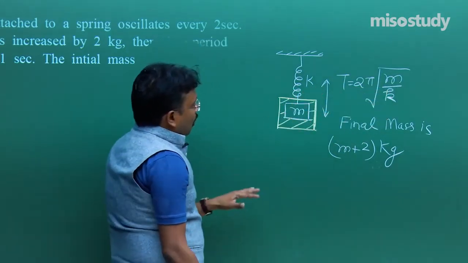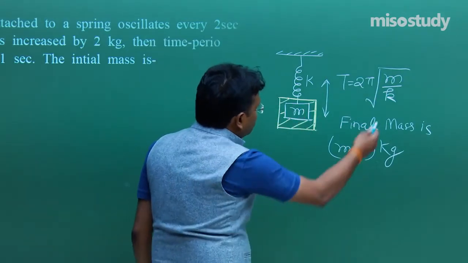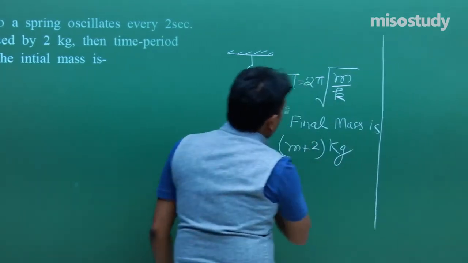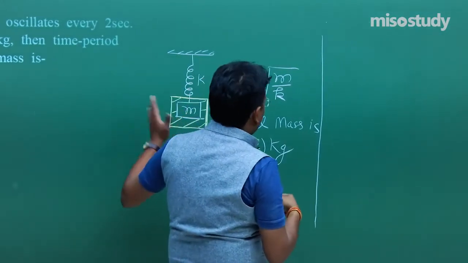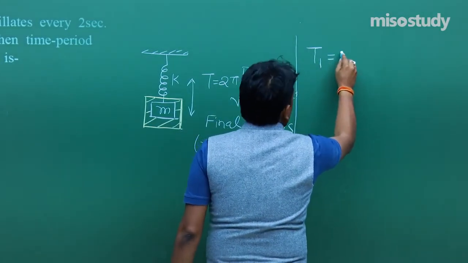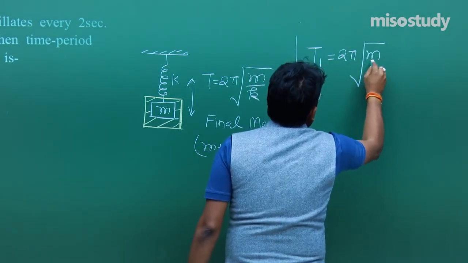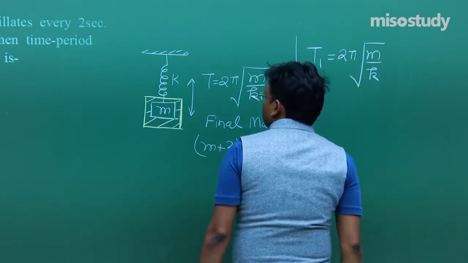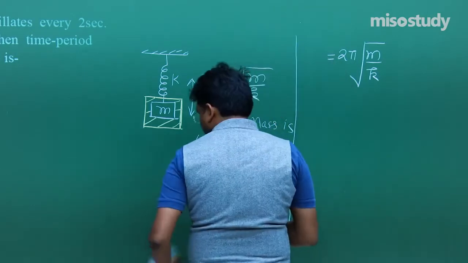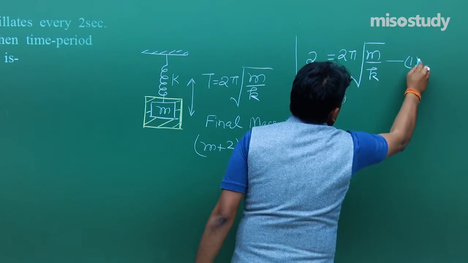So when only the white color mass is present, I think I should use slightly this space, because right now I don't want to erase this diagram. I'll have to come back again and again over here. So T1 is equal to 2 pi root m upon K. But in the problem it is given that value of T1 is 2 seconds. Let us say this is equation number 1.